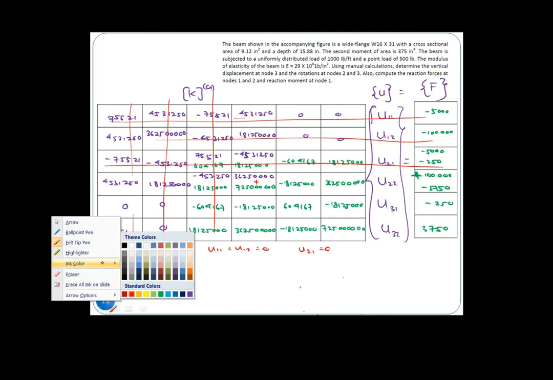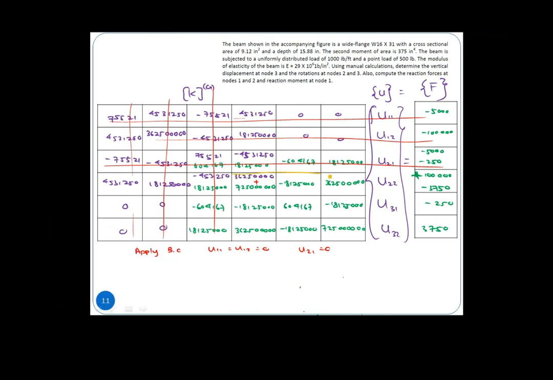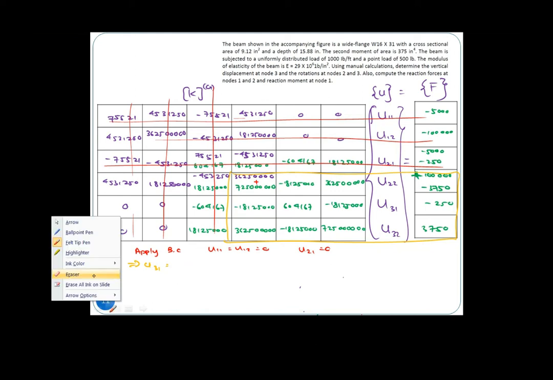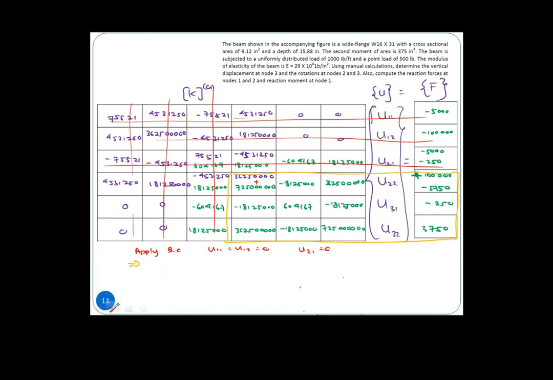So here, if you look into it, we are getting these solutions. It will give us U22 equals 2.3448 times 10 to the power negative 4 radians, right?